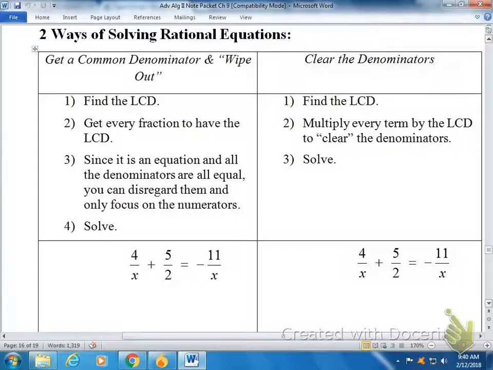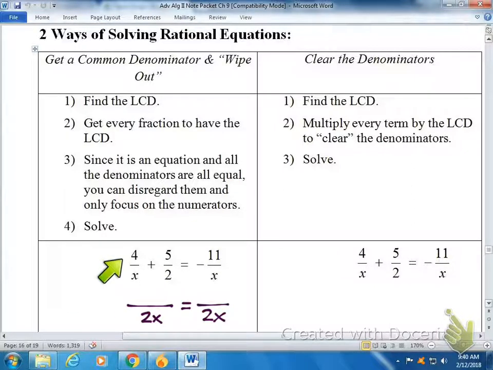In the first one, if you look at all the denominators, what do they share, what do they not share? So the LCD is 2x. My goal is to get the denominator on the left to be 2x and the denominator on the right to be 2x. So you've got to figure out in every single fraction what its denominator is missing from the common denominator.